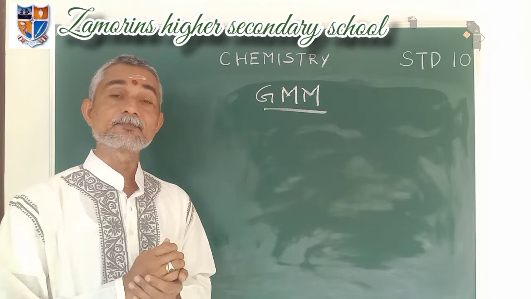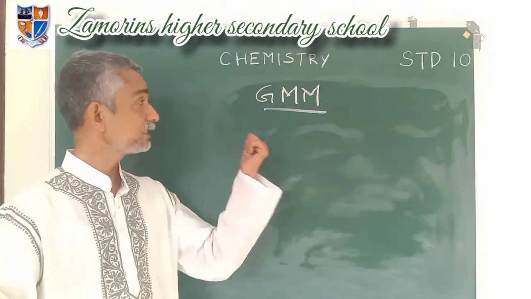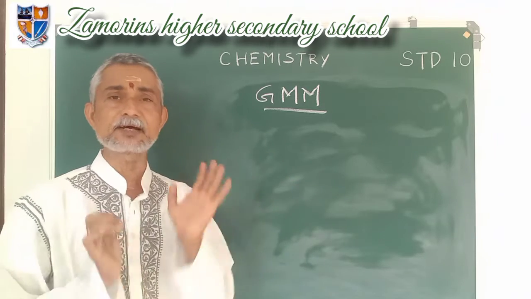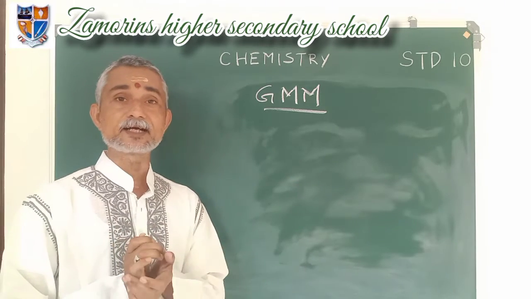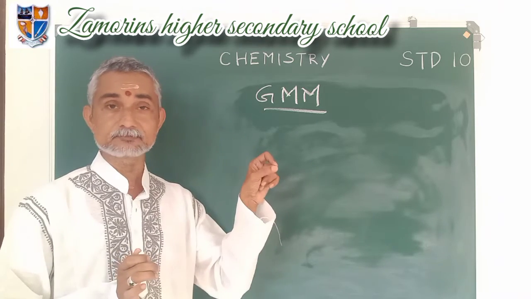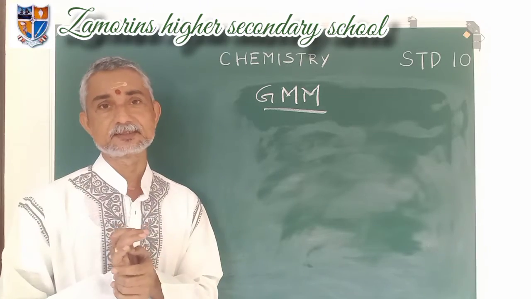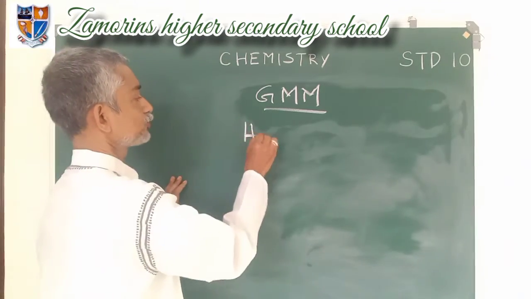In the same manner as we calculated GAM, GMM is also calculated. The difference is that in the previous case we were discussing atoms, here it is molecules. Only that difference. Let us see H2.